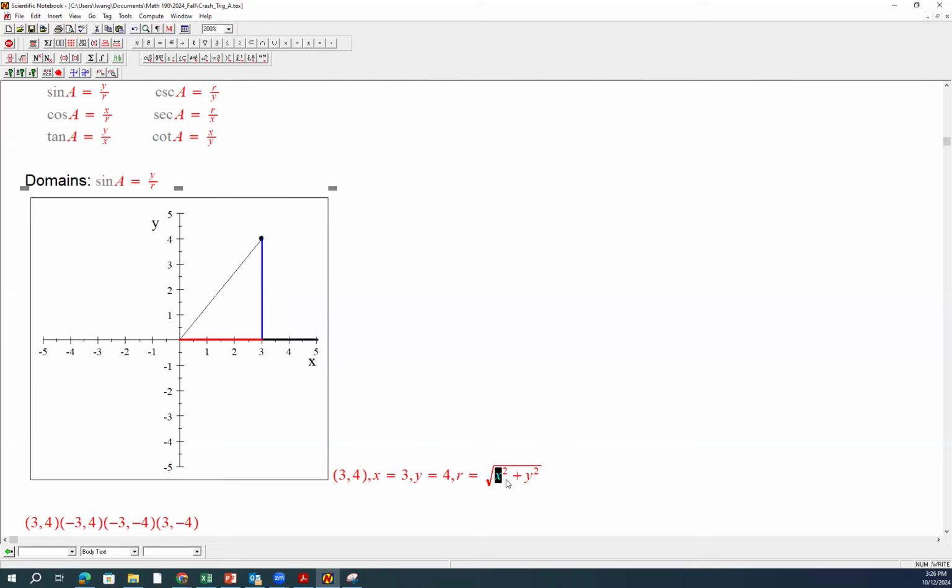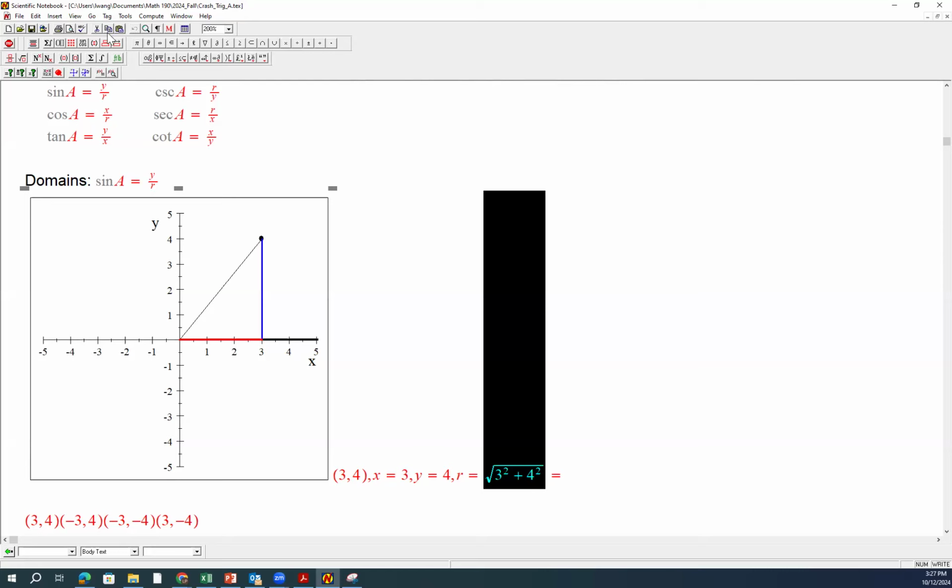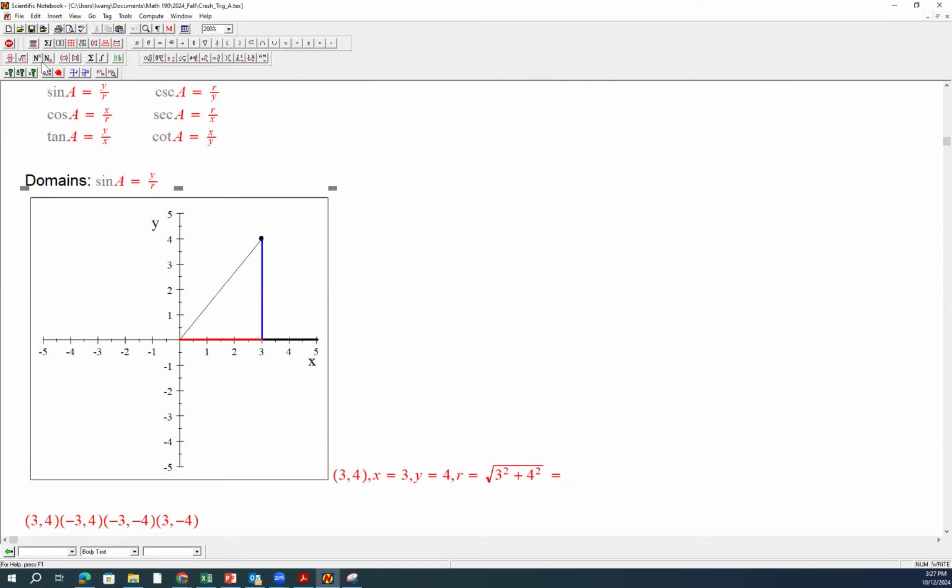So this is going to be 3 squared and this is going to be 4 squared. Yes, I did choose numbers that are not difficult to calculate, okay? And here we go. This is 9 plus 16. 9 plus 16 is 25. The square root of 25 is 5.